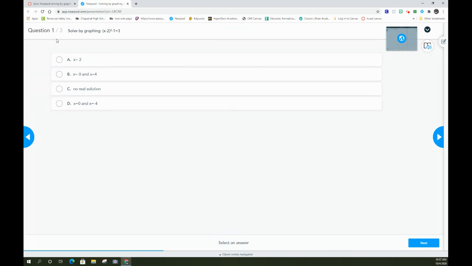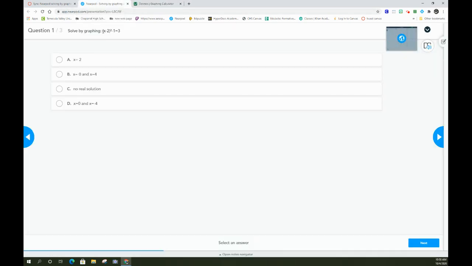Right here, we're going to solve by graphing. You could use technology here. If you click on this, it's going to take you to Desmos, so you can type in the equation. On the left side, (x - 2)^2 - 1 equals 3.